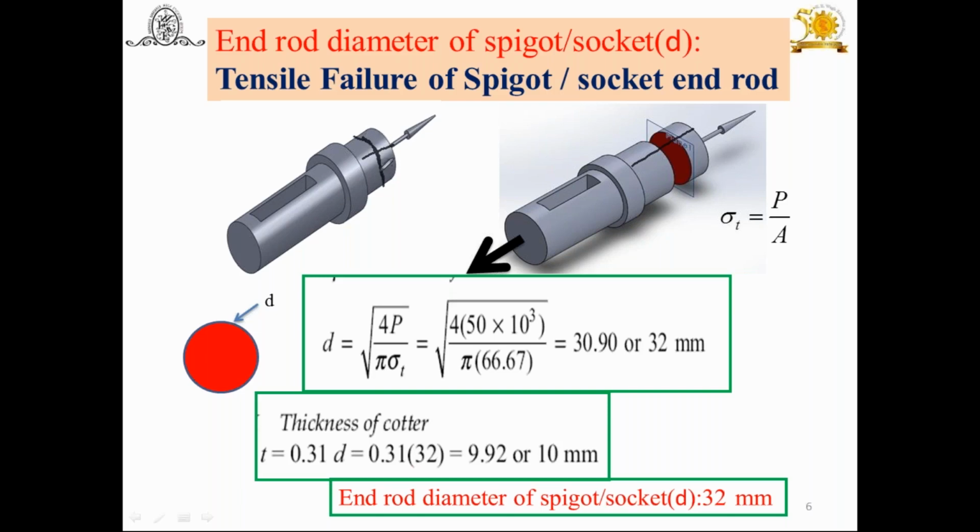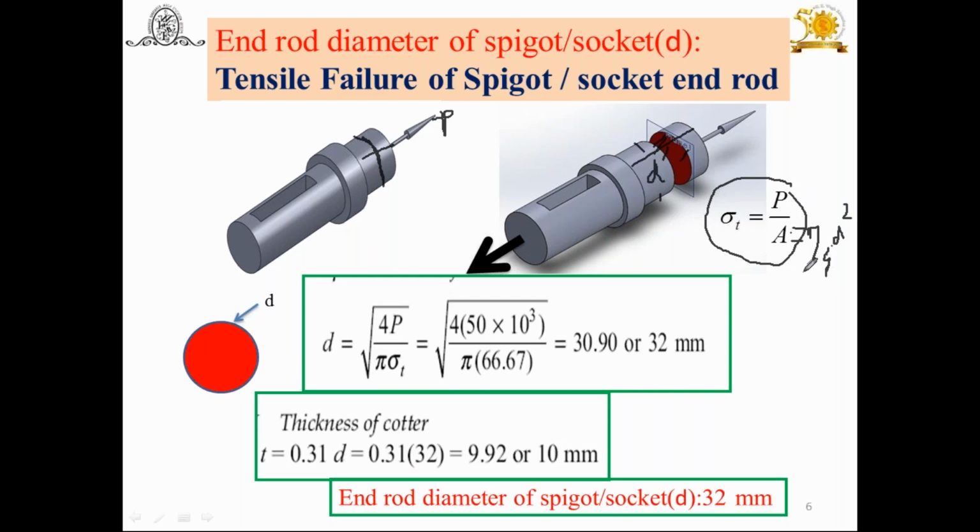Internal resisting forces are going to be set up to oppose this force P, so this is the area we have to consider. Yesterday I told you sigma T is equal to P by A. The end rod diameter we have denoted by small d, so A is equal to pi by 4 into d square. So you can substitute here.